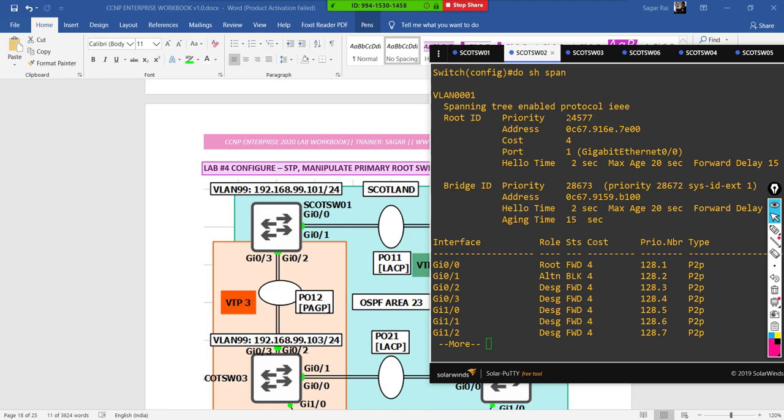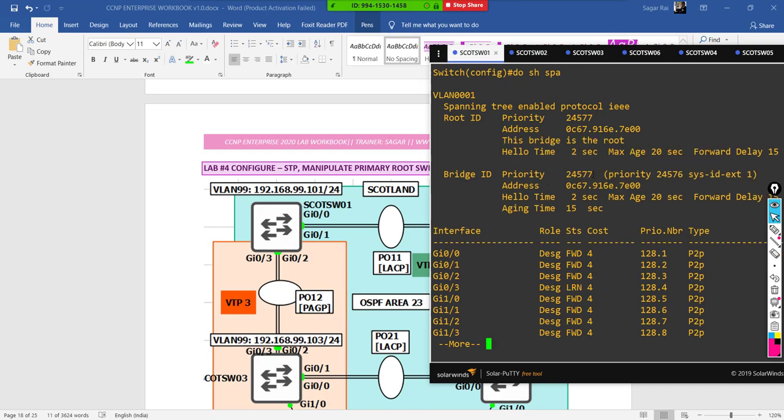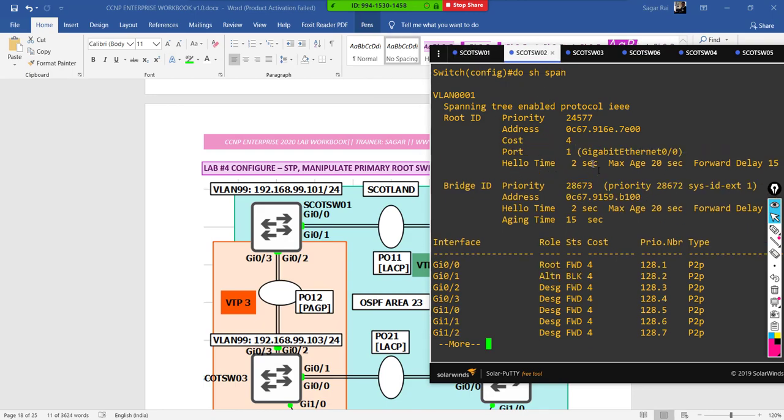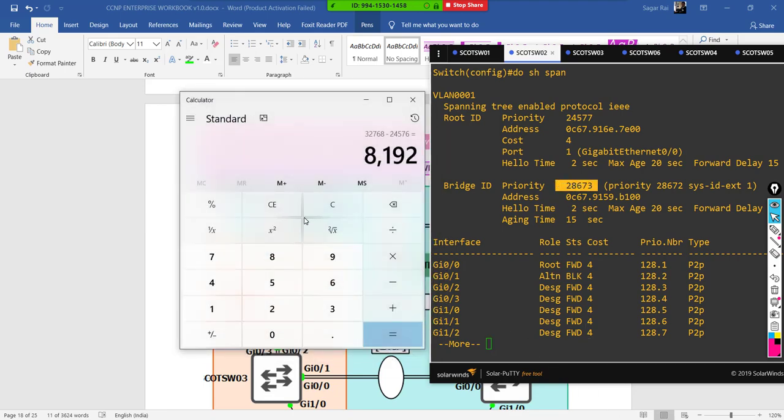Now you will see it's 28672. This is a different value, and this is a different value. So this is my root, which is 24576, and now it is 28672. Let's see what that difference is. If I do 32768 minus 28672, it is equivalent to 4096.